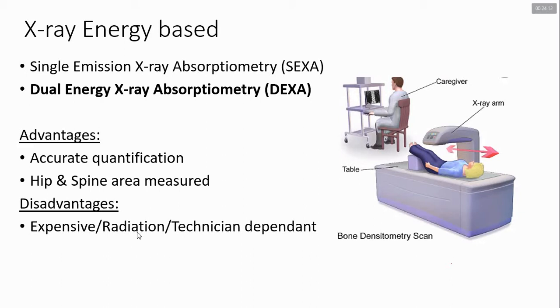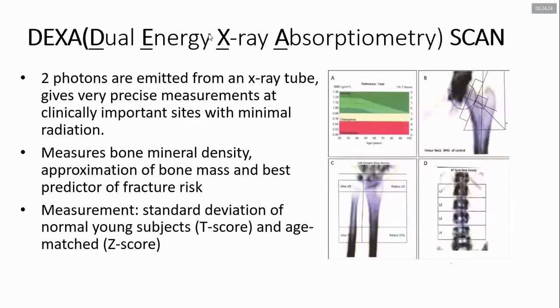And even though it is a small amount of radiation, it is still radiation, so it's not advised to do repeatedly or expose for a prolonged time. As I already told you, there are two photons, so that's why it is dual energy. Even though there is minimal radiation, it is still radiation.